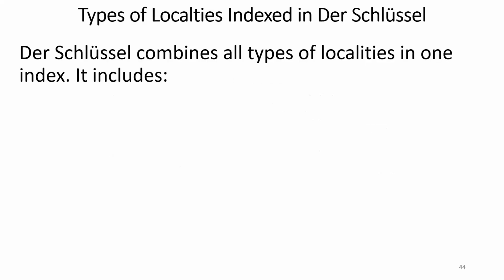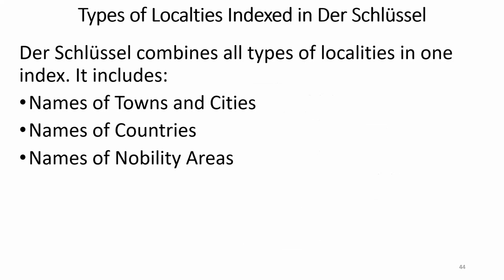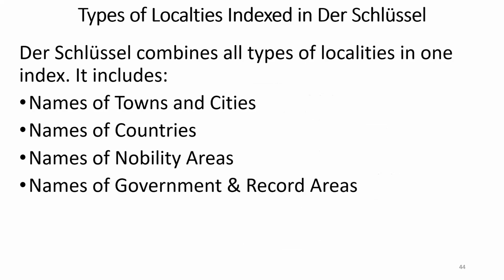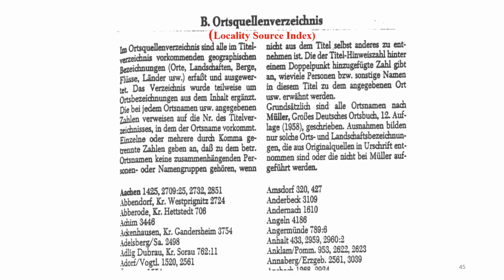The locality index for Der Schlüssel includes not only the names of towns and cities, but also names of countries, names of nobility areas, names of government and record areas, names of cultural and topographical areas.